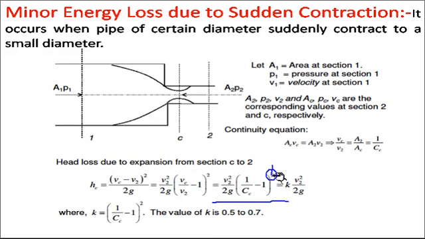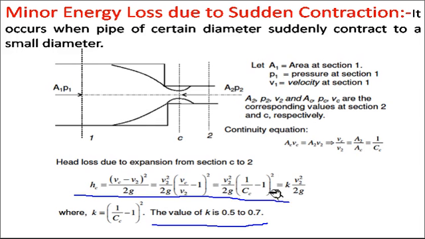Now this particular term, (1 upon Cc minus 1) whole square, is the term K. It's a constant value, and the value of K lies between 0.5 to 0.7. So we can consider any value of K for the sudden contraction, from 0.5 to 0.7. We can consider 0.65 also, we can consider 0.6 also. Depending upon that, we have the expression for the sudden contraction: Hc is equal to K into V2 square upon 2g.